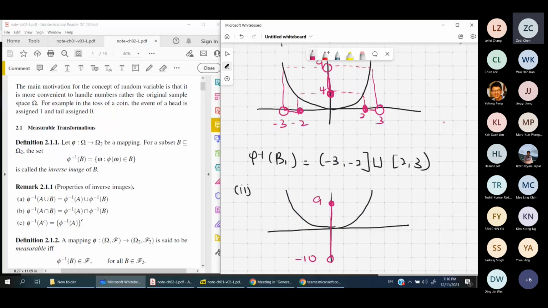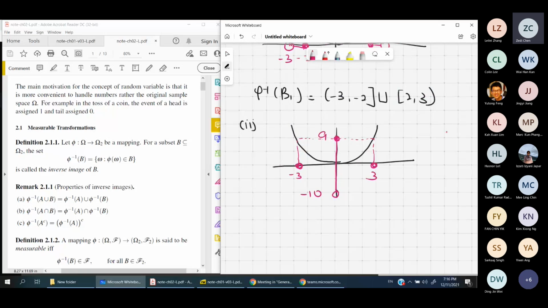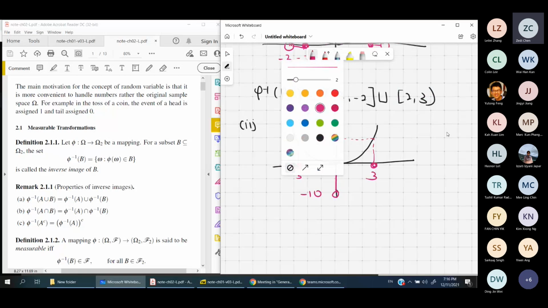Okay, so the negative part wouldn't affect the thing. So that means we only have this. Okay, 3, -3. So that means including this. So in fact, the negative part will not contribute anything to the answer. So the inverse of B2 will be -3 to 3, including these two endpoints.